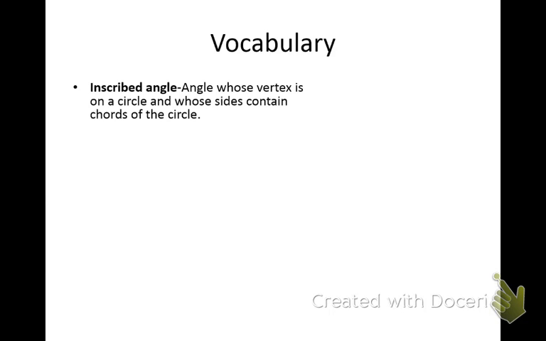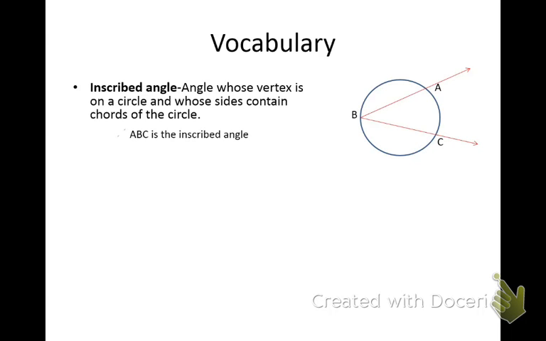Vocabulary. Inscribed angle. Angle whose vertex is on a circle and whose sides contain chords of the circle. So in this picture, angle ABC is the inscribed angle. The vertex, angle B, is on the circle, right?